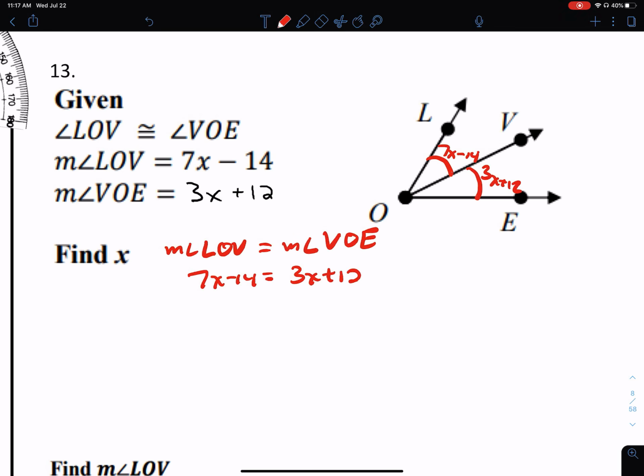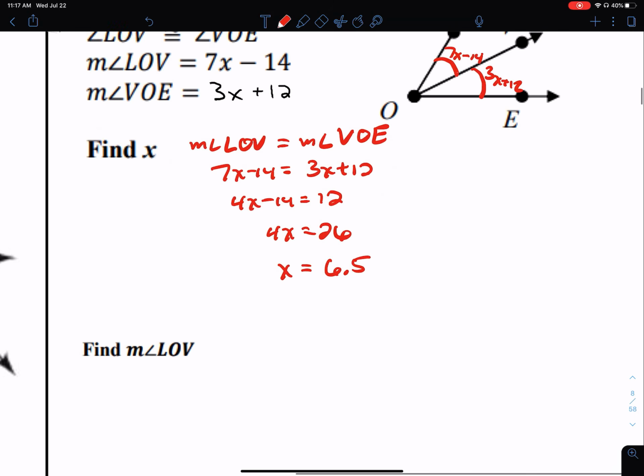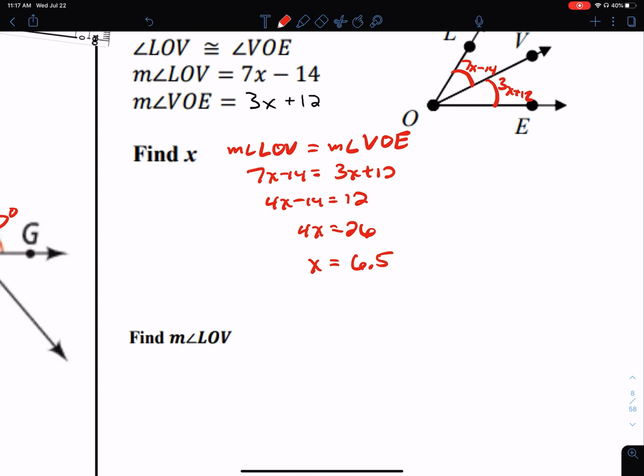If we subtract 3x from both sides, we get 4x minus 14 equals 12. If we add 14 to both sides, we get 4x is 26. If we divide both sides by 4, usually I leave things as a fraction. This would be 26 over 4, which reduces to 13 over 2. But if that ends up being a decimal, that's not a nasty decimal, I'll change it to a decimal. 6.5.